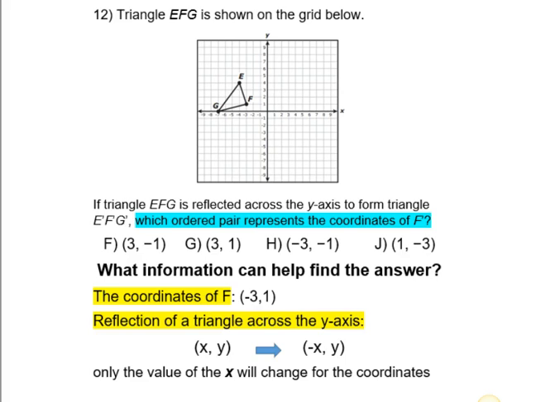So when we start off with our original ordered pair, which is -3, 1, in order to find the ordered pair when it's reflected, there's a negative in front of the x. So only the value of the x will change for the coordinates. The 1 will remain the same, but the x will be what is changed.